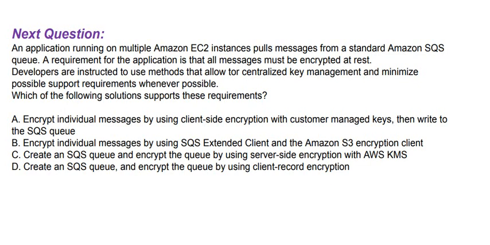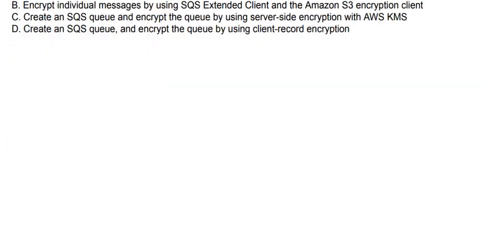Option C. Create an SQS queue and encrypt the queue by using server-side encryption with AWS KMS. And option D. Create an SQS queue and encrypt the queue by using client record encryption. The correct answer is option C.